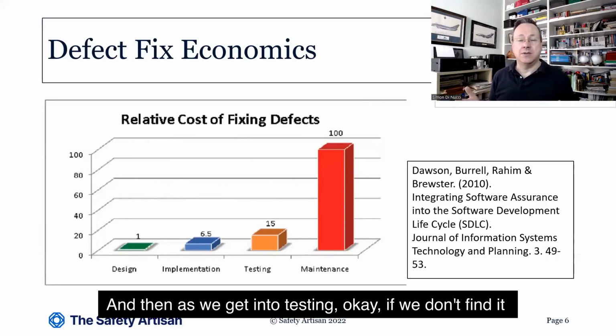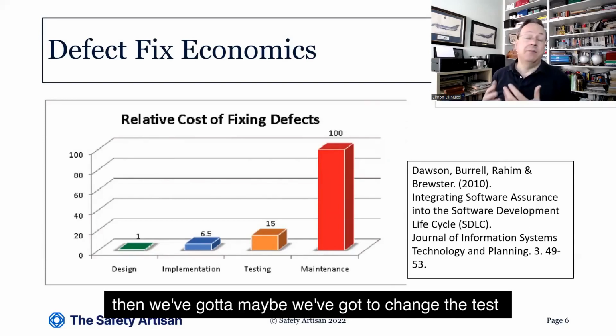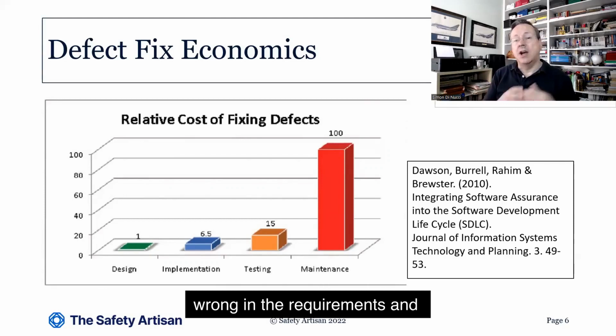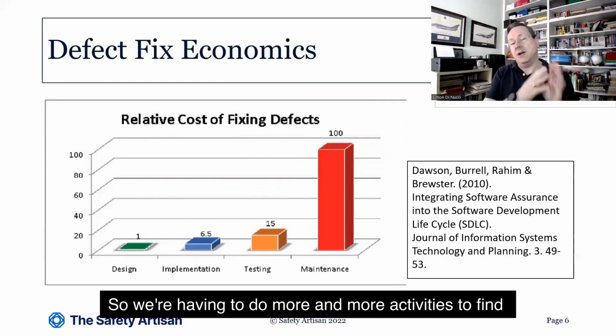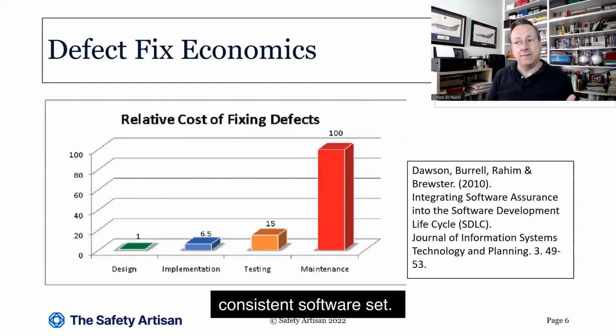And then as we get into testing, okay, if we don't find it until testing, we've got to go back and fix the code, and then maybe we've got to change the test, or we've discovered something else, there was something wrong in the requirements, and we've got to redo the tests. So we're having to do more and more activities to find and kill those bugs and make sure we have a consistent software set.